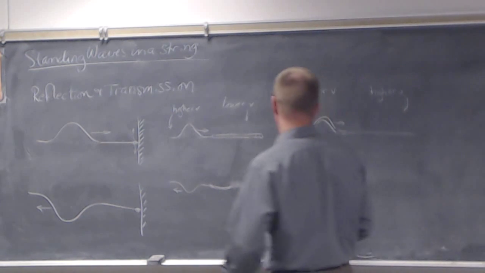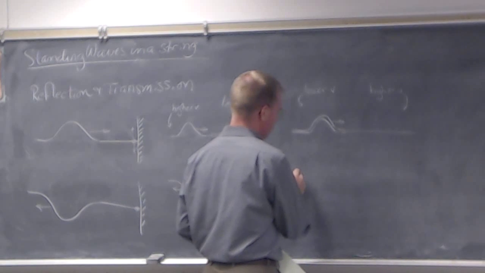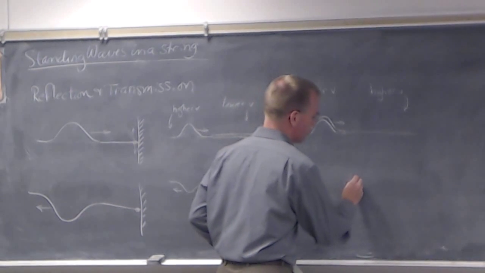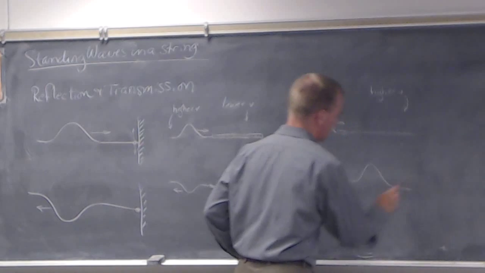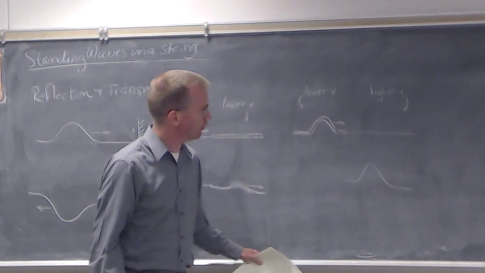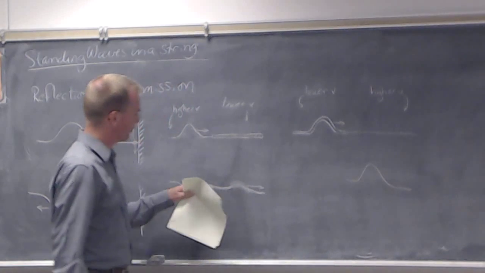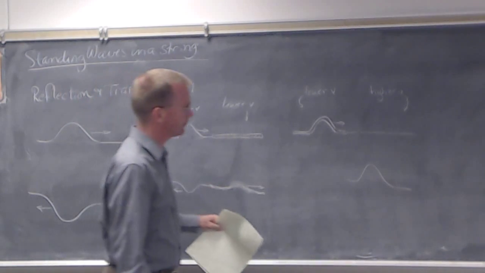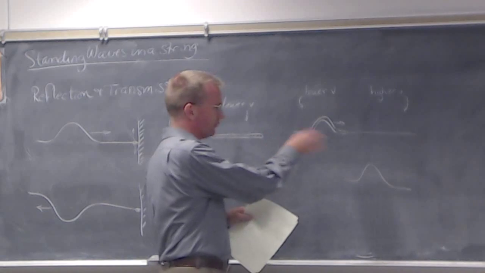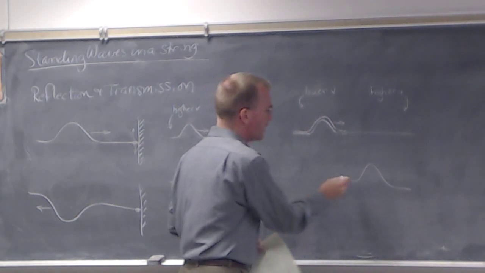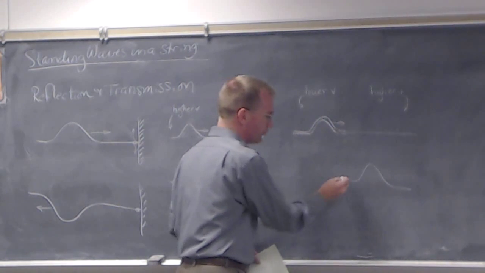You get an interesting thing happening. You do get a transmitted pulse. Notice that this transmitted part is not of that noticeably lower amplitude there. The exact amount of it, of course, depends on the ratios of wave speeds and so on. But you also get a reflected pulse.